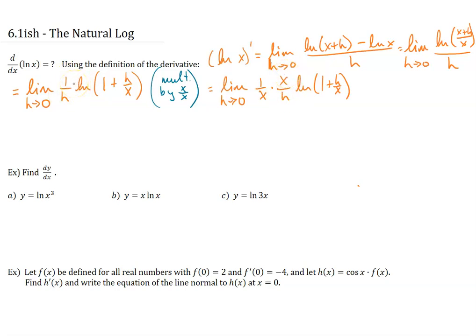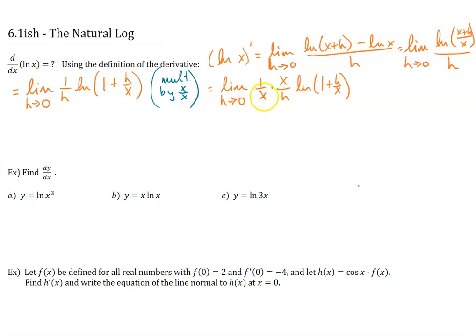Okay, now the reason I'm doing this is for my next step, because the variable of this limit expression is an h, then x is operating essentially as a constant. So what I can do is take this 1 over x and factor it out of the limit. If you remember the limit properties from 1.3 in the book, there was one that said the limit of k times f of x is the same thing as k times the limit of f of x.